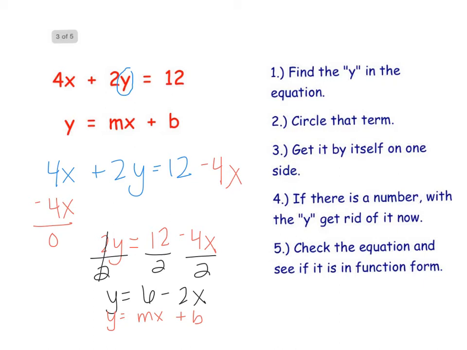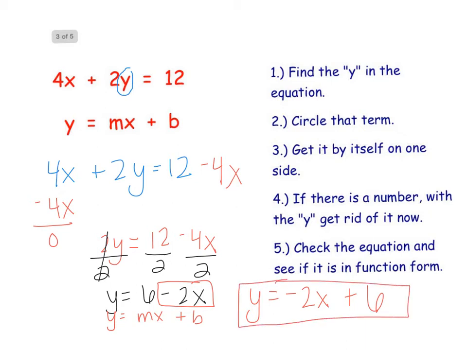So let's just flip the order here. We're going to have y equals, let's put the negative 2x first, negative 2x plus 6. Now it matches function form. So we have transformed the equation 4x plus 2y equals 12 into function form y equals negative 2x plus 6.